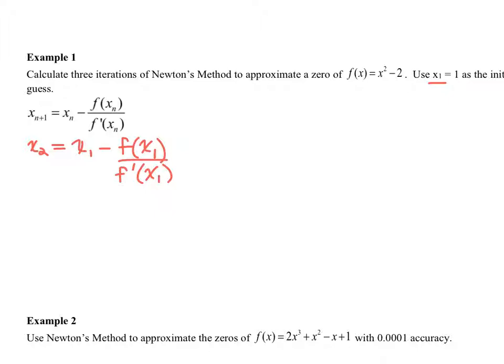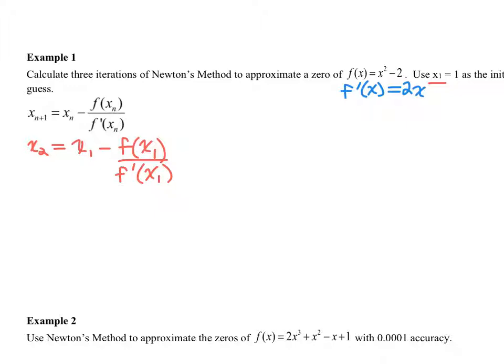All right, because, again, if we're just matching it up based on the model, that subscript would have to be the n value. So what I need to do is evaluate the original function and also the derivative. So I need the derivative. In this case, not too bad, just a 2x.